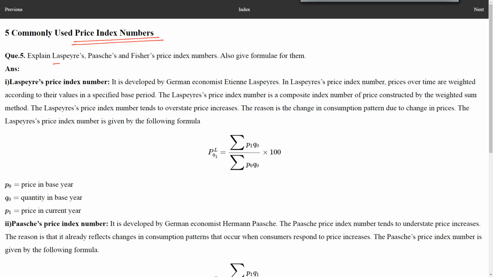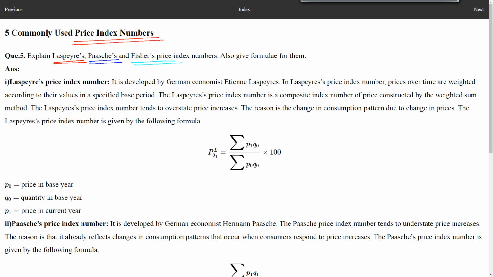First is Laspeyres' price index number. Second is Paasche's price index number. And third is Fisher's price index number. So first, let us see what is Laspeyres' price index number.